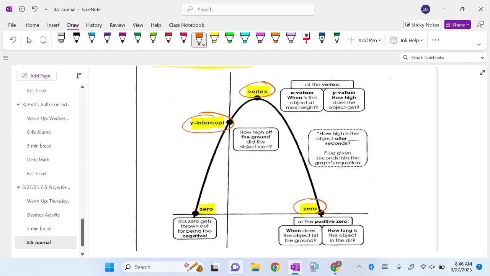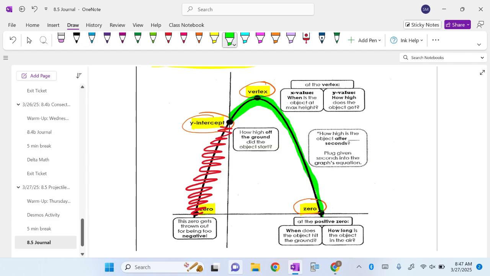And we can't have negative time. So in reality, this whole part of the parabola, you can almost scribble it because we don't really care about that part. The only part of the parabola we care about is from the y-intercept to the rightmost x-intercept.